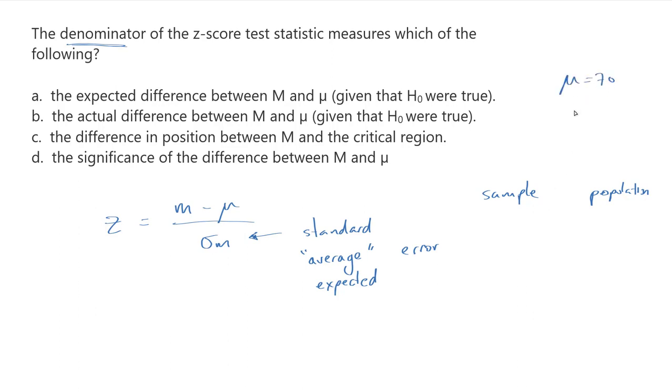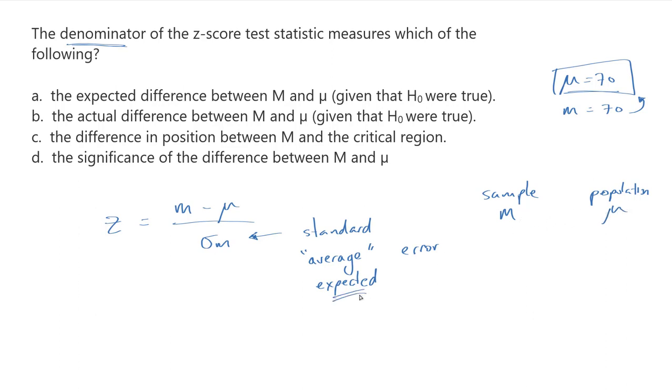I could grab 3 people at random from the class, and there's no guarantee that they're going to have exactly an average of 70 in my small sample. That doesn't mean that this is wrong. It just means that there's a little bit of a difference between my randomly selected sample and the true population mean. So my sample mean may not perfectly represent the population mean. That is called an error when I see a difference between the two of these.